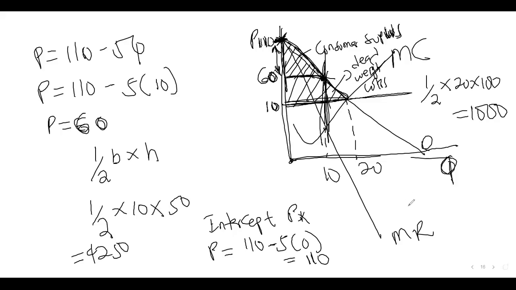This deadweight loss, we are also going to find it. The same thing is half of the base times the height. So this small thing here, the base is 20 minus 10, and the height is 60 minus 10. So the base is 10, the height is 50, all right?